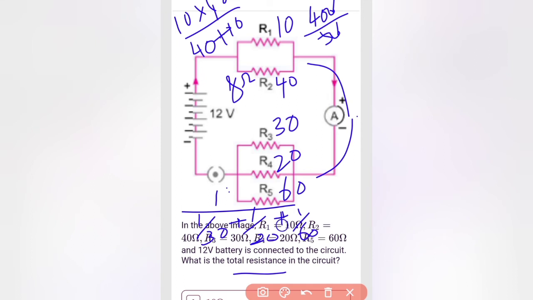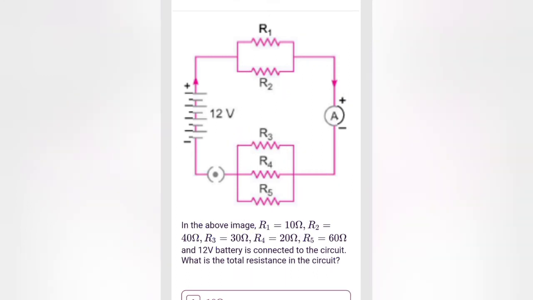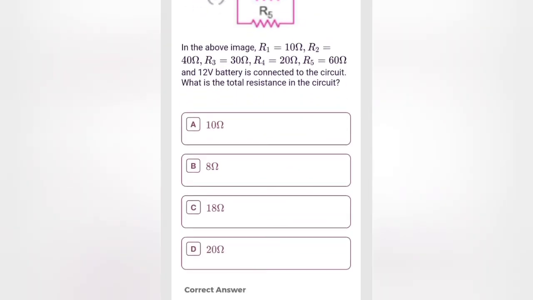When we take the LCM for this, we get here 2's are, so 2 plus here 3's are, so 2 plus 3 plus 1 divided by 60. So 2 plus 3 plus 1 divided by 60, it is 60 divided by 6. It is 10 ohm. So this is 10 ohm and this is 8 ohm. So total 18 ohm. 18 ohm is the correct answer. Option C is the correct answer.